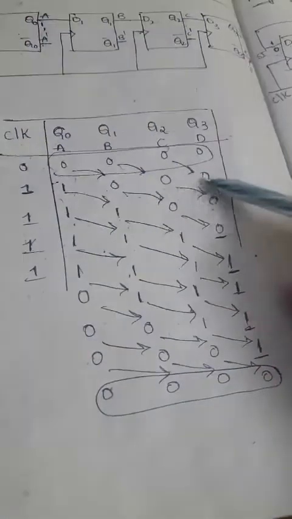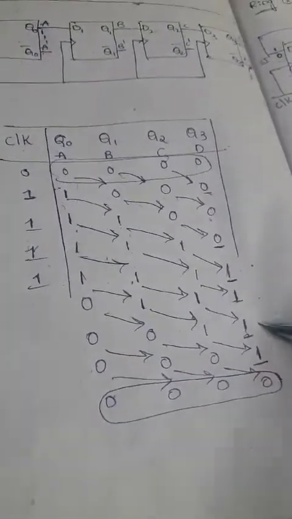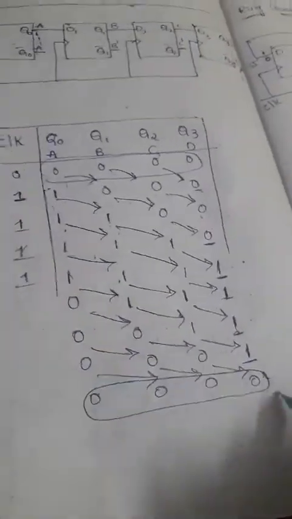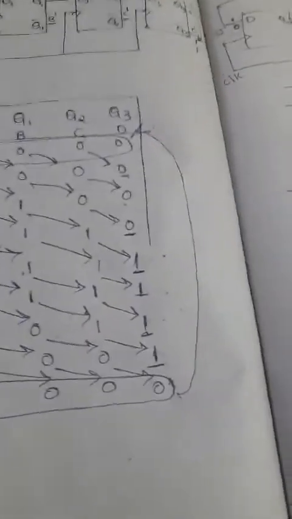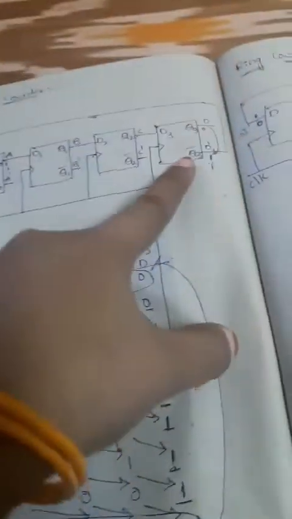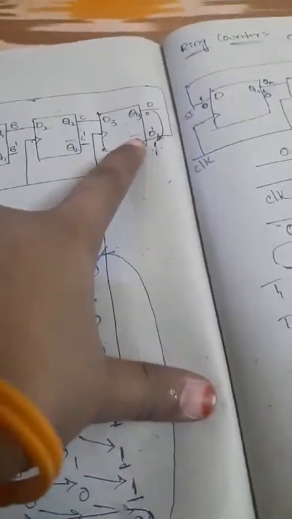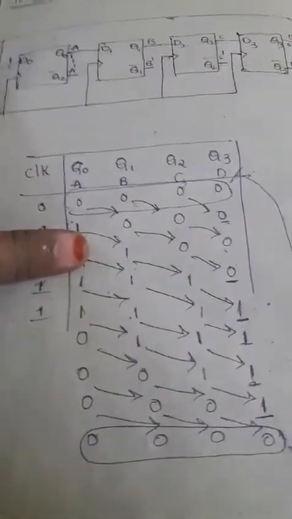After reaching how many clock pulses? After completing 8 clock pulses, the data will move back to the first place. In this Johnson counter, the main part is that the Q complement output of the last stage is connected to the D input of the first stage.